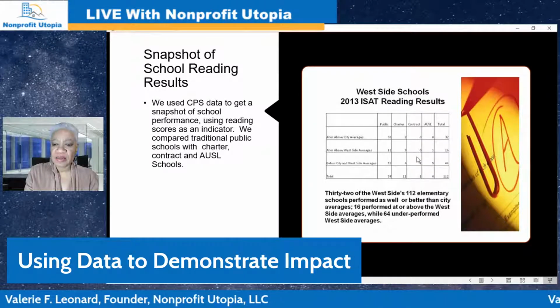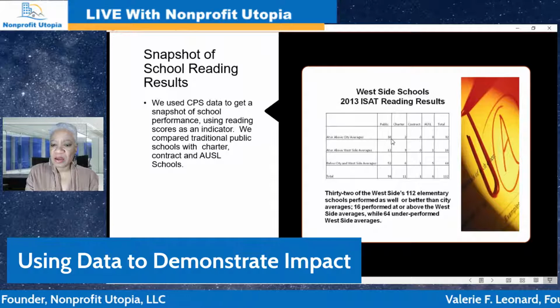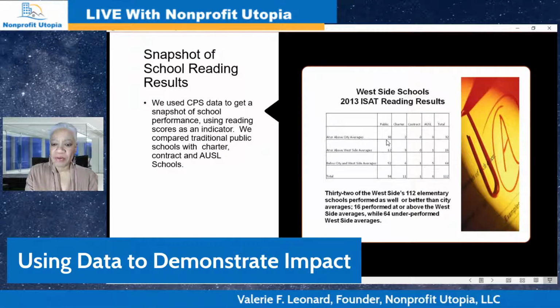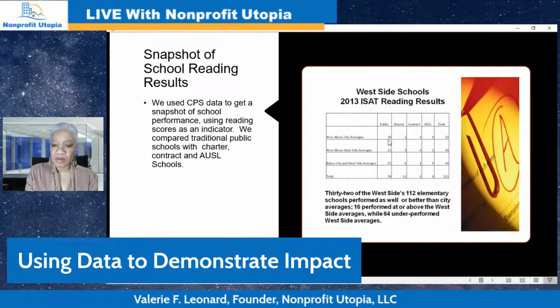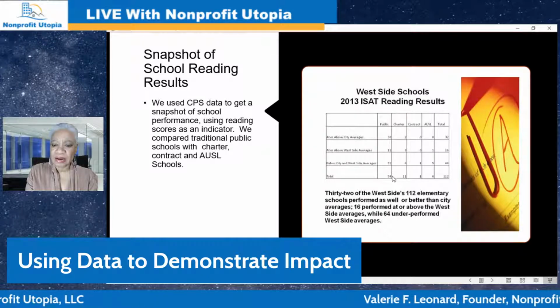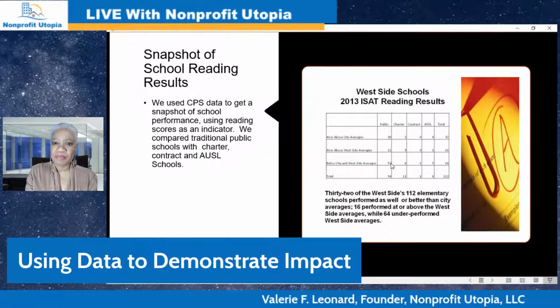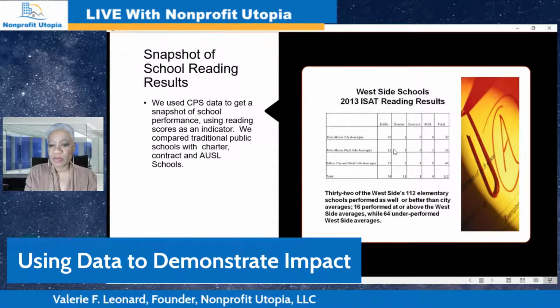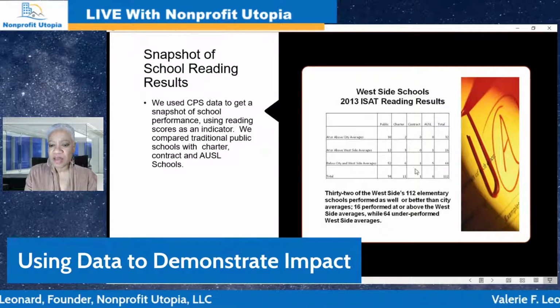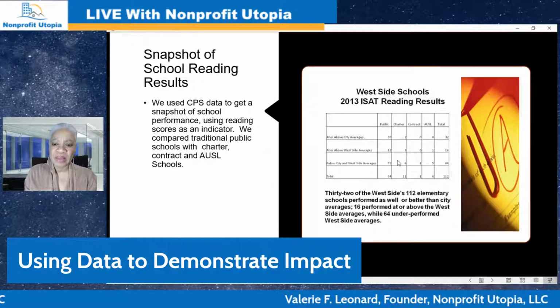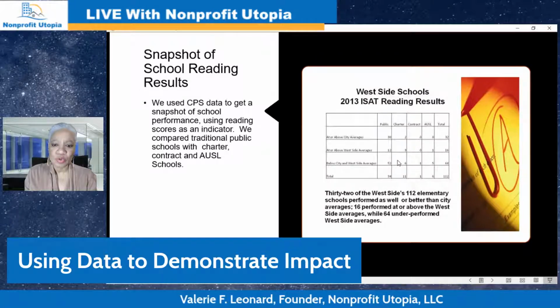So when we look at the performance, we see that 30, so about a third, of all of the public schools were performing at or above average. And then we noticed that 12 were at or above West Side averages, and 52 out of 94 were performing below West Side averages and below city averages. And we did that analysis across the board here. So these are all the raw data, and raw data is just the absolute numbers.